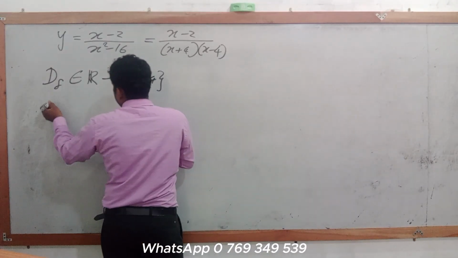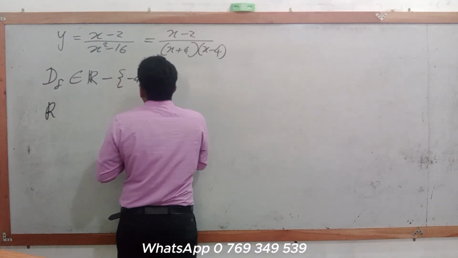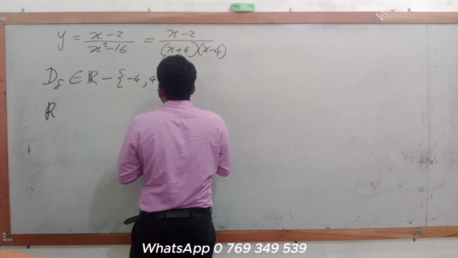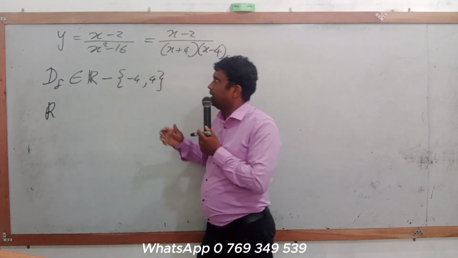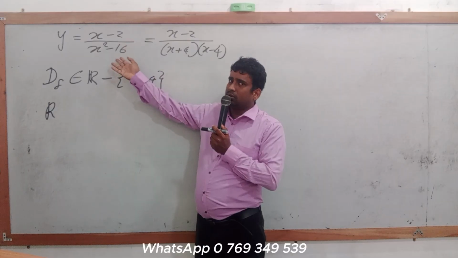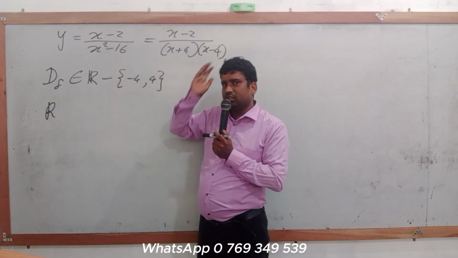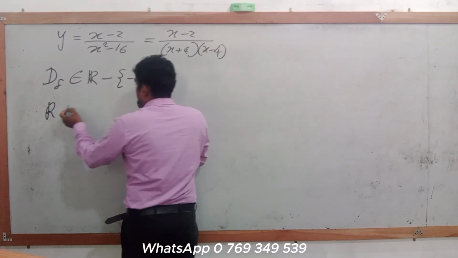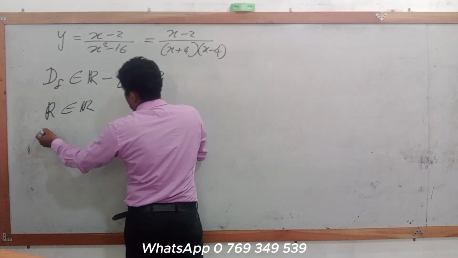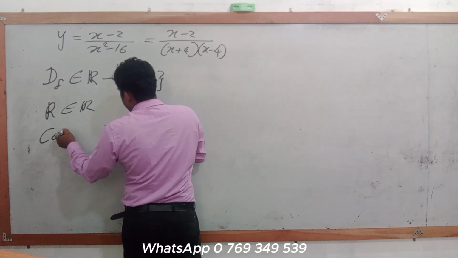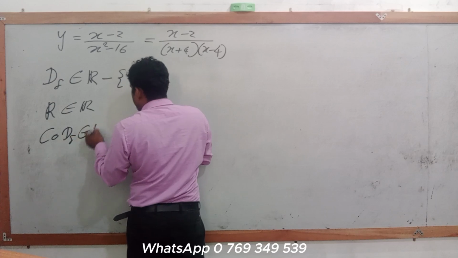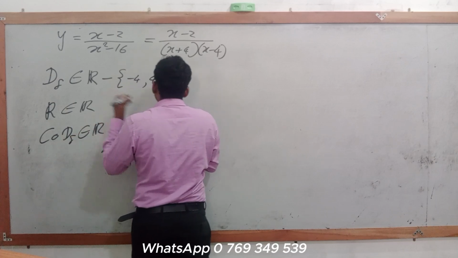This is right like this, Df. And the range, how to take the range? We can take the full range, plus infinity to minus infinity all the time. The range belongs to R, and the codomain or Df is also the same thing, belongs to R. Did you finish?